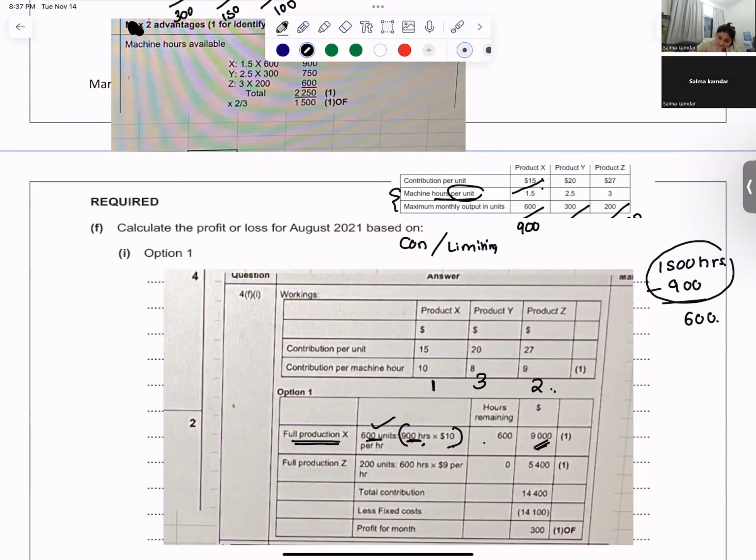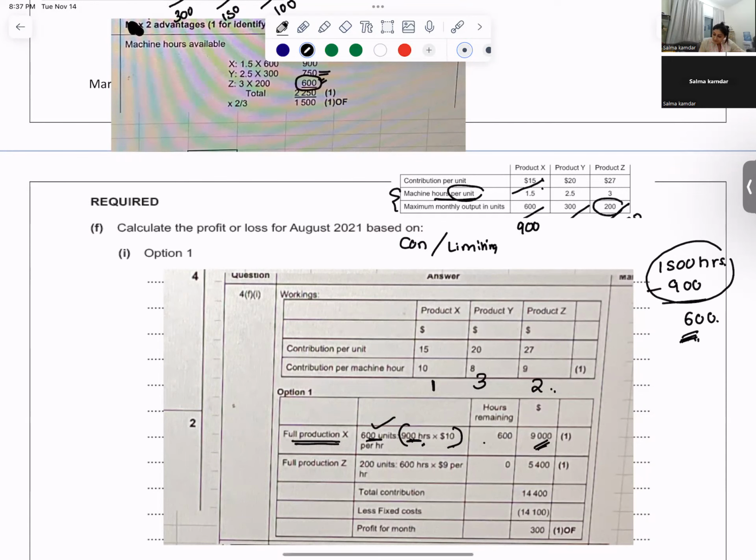Full production would require 750 hours, but I don't have 750 hours. Okay, I can produce, sorry, full production of product Z would require 600 hours, and I have exactly 600 hours.